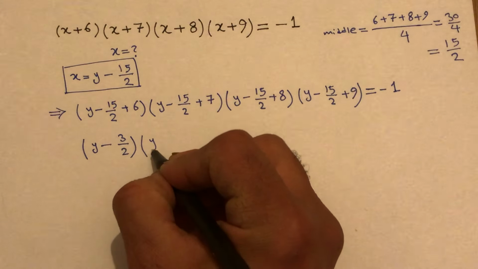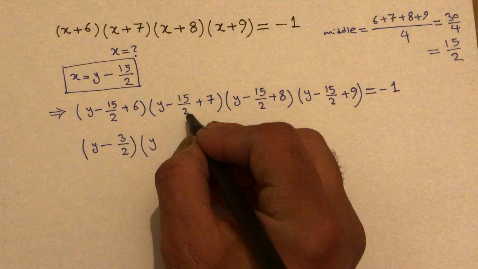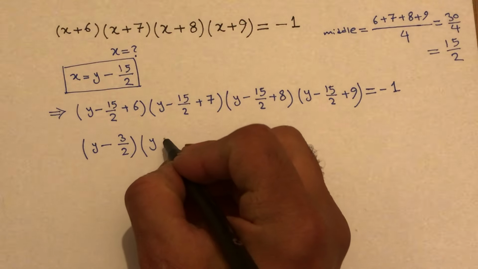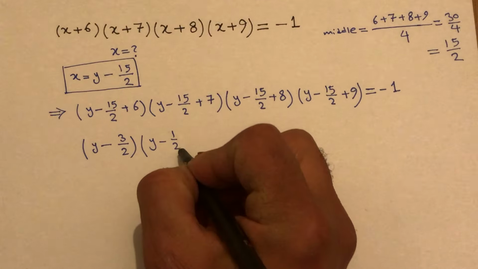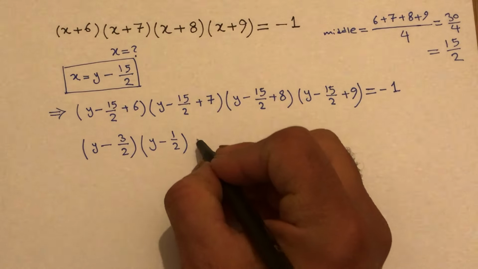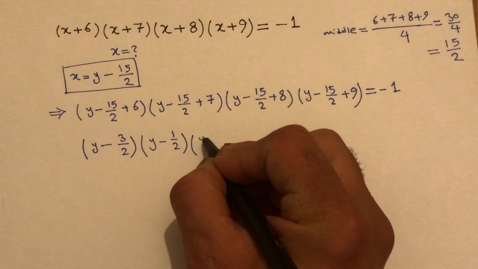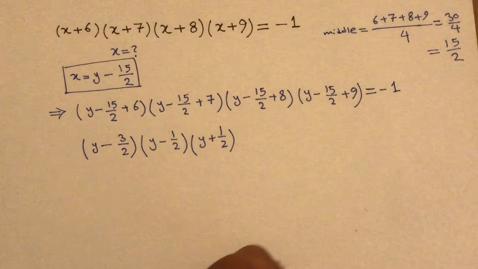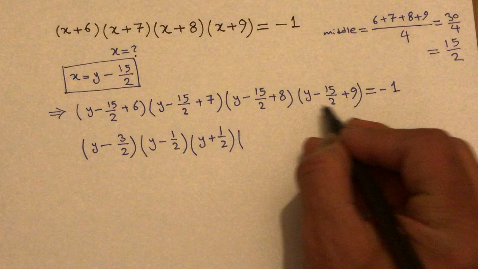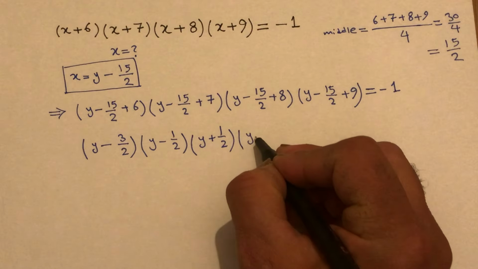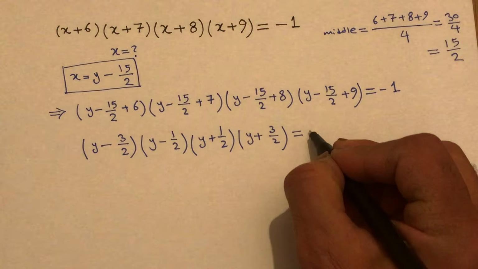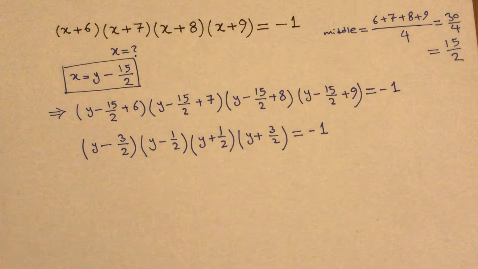Y minus 15 over 2 plus 7, or 14 over 2, is minus 1 over 2. And again here the result is plus 1 over 2, and the last one is y plus 3 over 2. Finally equals minus 1.